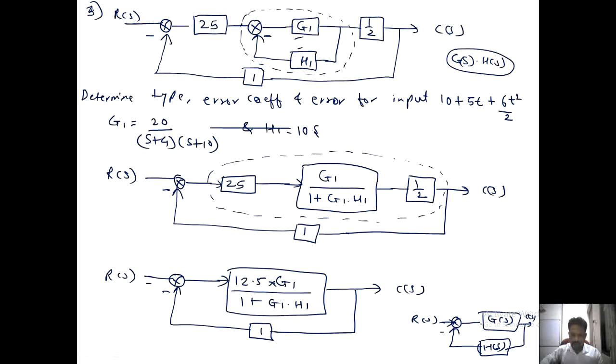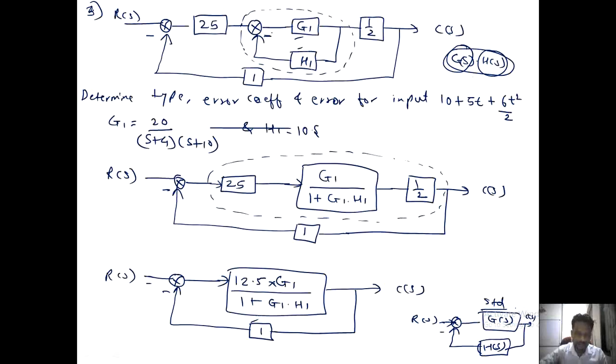Now compare the standard diagram and this solution. You get to know that this 12.5 into G1 by 1 plus G1 H1 is your G of s, and 1 is H of s. Okay, and that is our target. Our target is to find what is G of s and what is H of s. As soon as we know the values of G of s, H of s, we'll start solving the numerical.